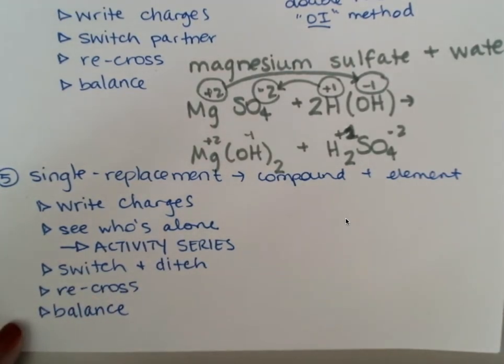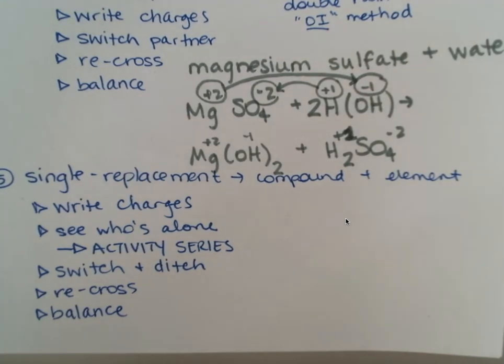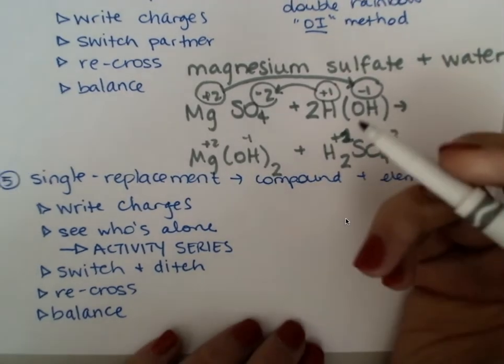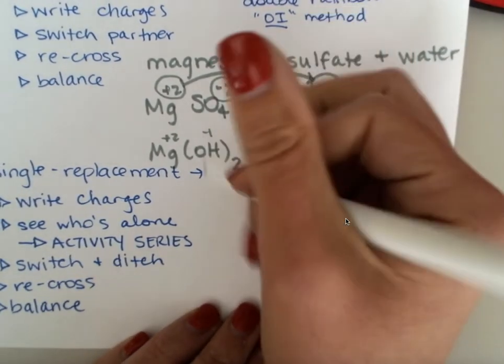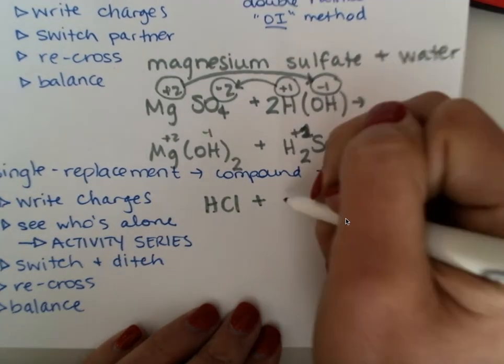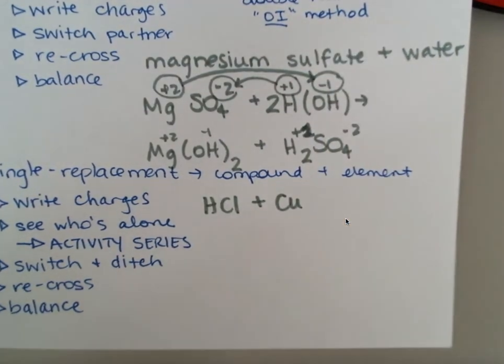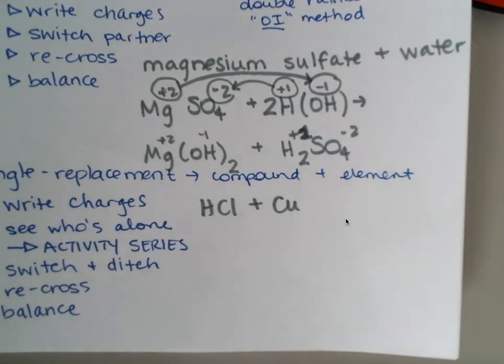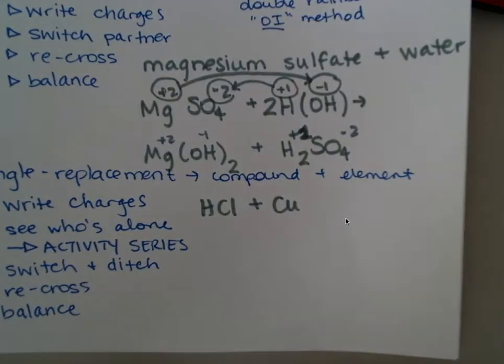Okay? So in a single replacement, if we have, I'll just do hydrochloric acid and copper, right? So if I have hydrochloric acid and copper, the first thing I'm going to do is write my charges.